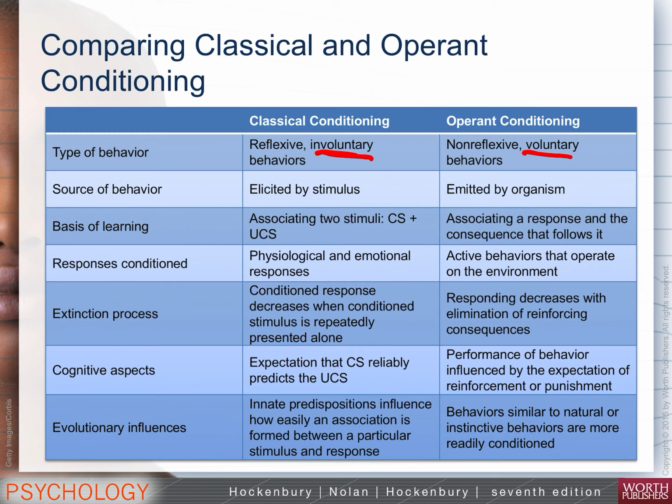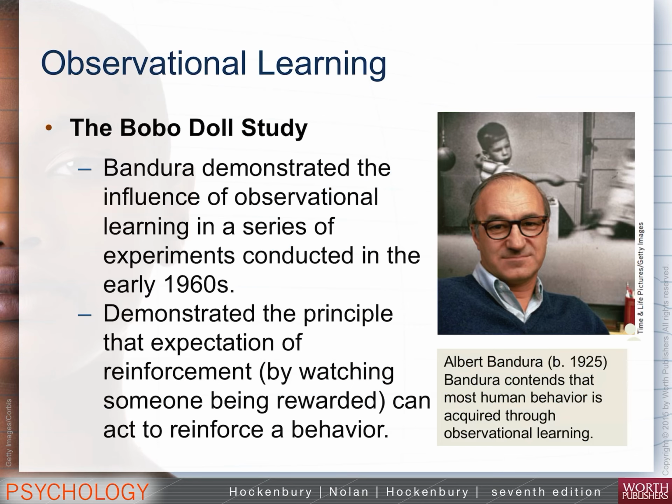Whereas in operant conditioning, we see voluntary behaviors, the animal or person choosing to behave in a situation and then a consequence coming from that particular behavior, and then we see if that behavior is repeated or not. So these right here are some really good compare and contrast of classical and operant conditioning that I think will help you digest it even better.